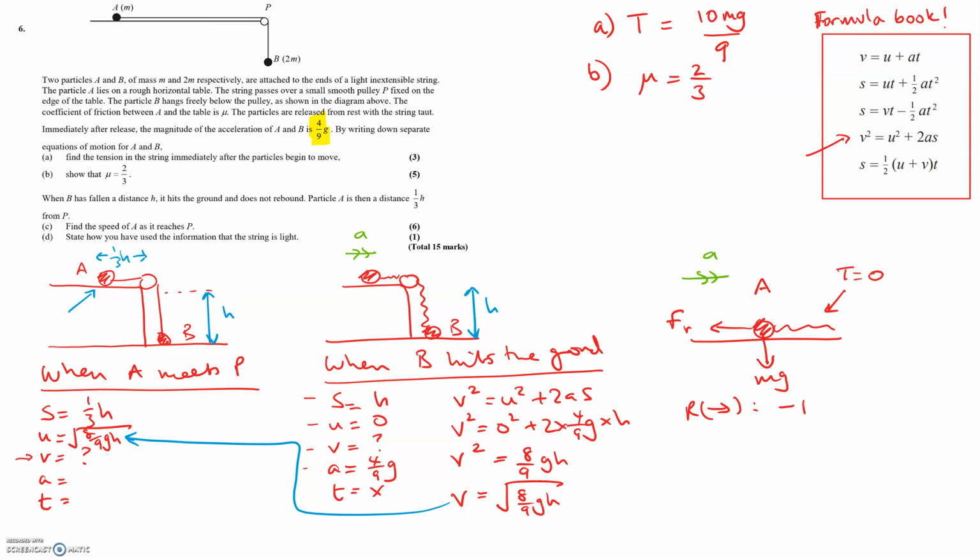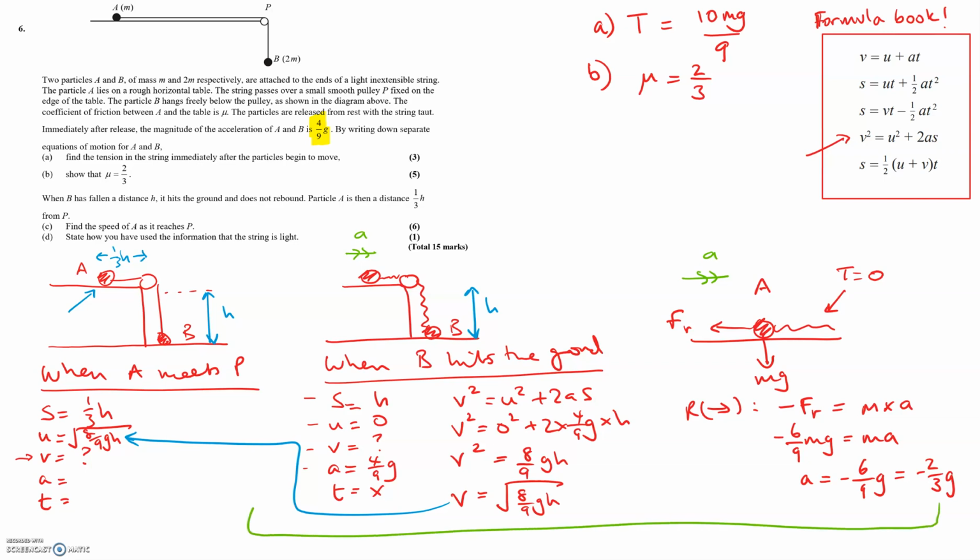So the force in that direction is minus the friction, and that's equal to the mass times acceleration. The friction that I worked out before was 6/9 mg. So that gives me an acceleration of minus 6/9 g, or minus 2/3 g. Because this is a negative acceleration, it's actually decelerating. I'm now going to take that as my deceleration.